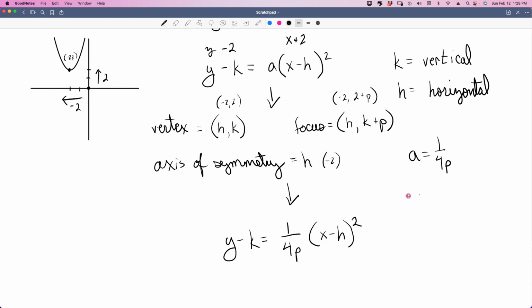So the directrix for this would be y is equal to k minus p. That's how you would find the directrix. The translation minus the p, where before it was just y is equal to minus p, now it's y is equal to k minus p. And that's how we would find that.